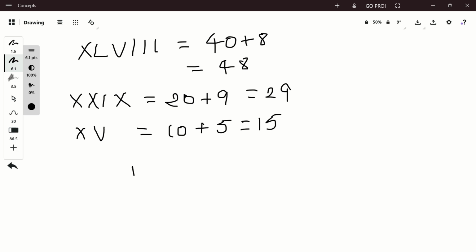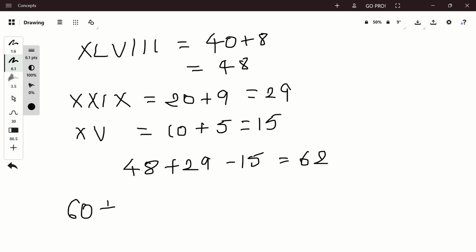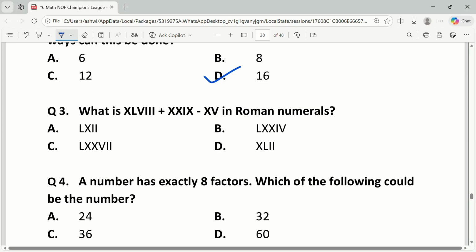Performing the calculation, we have 48 plus 29 minus 15, which is equal to 62. Converting the result back to Roman numerals, we have 60 plus 2, which is equal to LX plus II, which is equal to LXII. Comparing with the options, the answer is A, LXII.